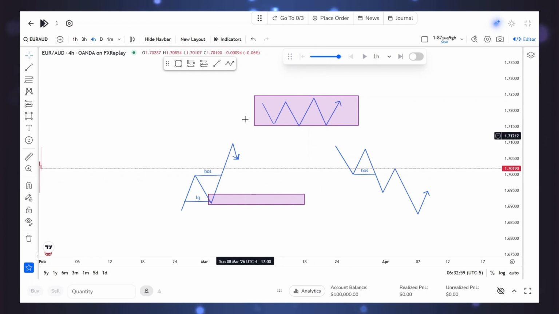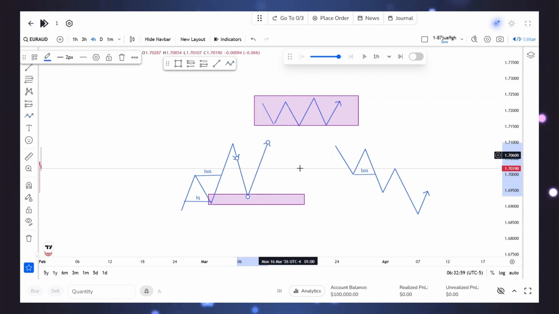The market will eventually come into your order block and you target the previous key level. Same applies in the downtrend. It's just the same.